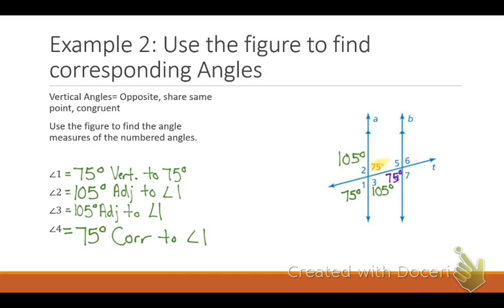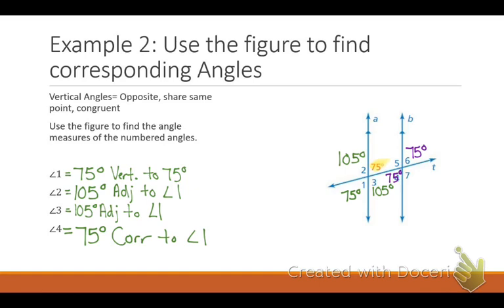So what's angle 6 going to be? 75. Why? Because it corresponds with the other side. 75 here corresponds with the other 75. It's also vertical to angle 4.